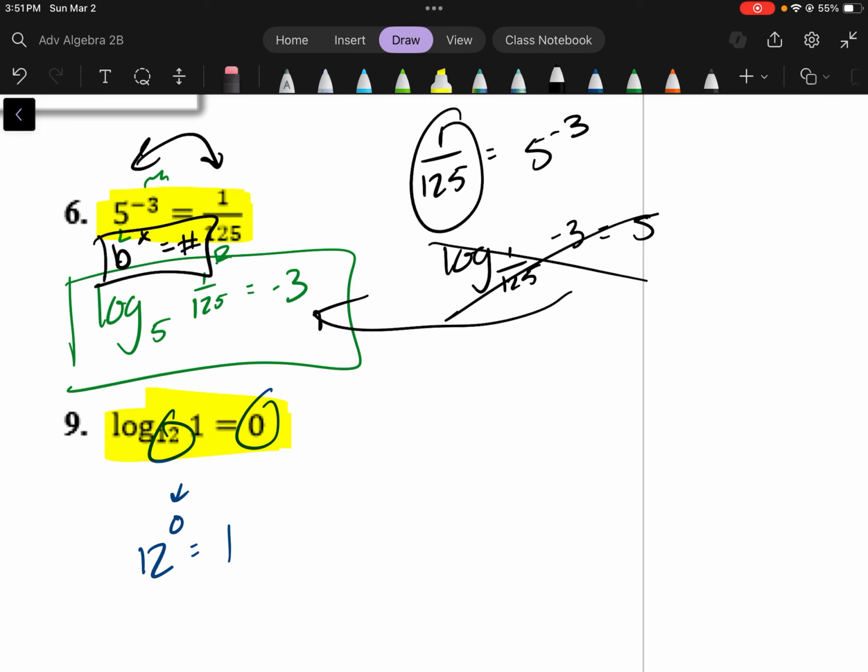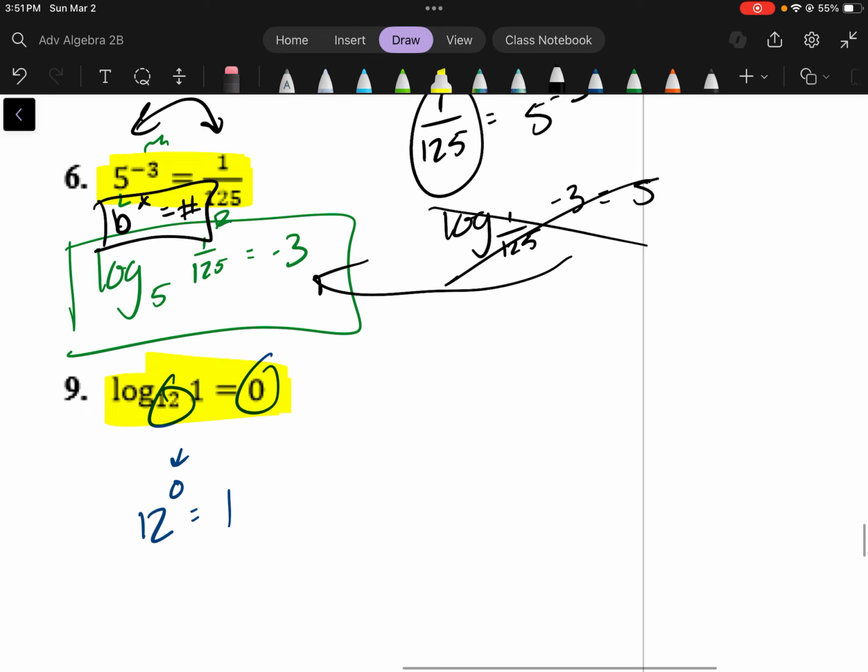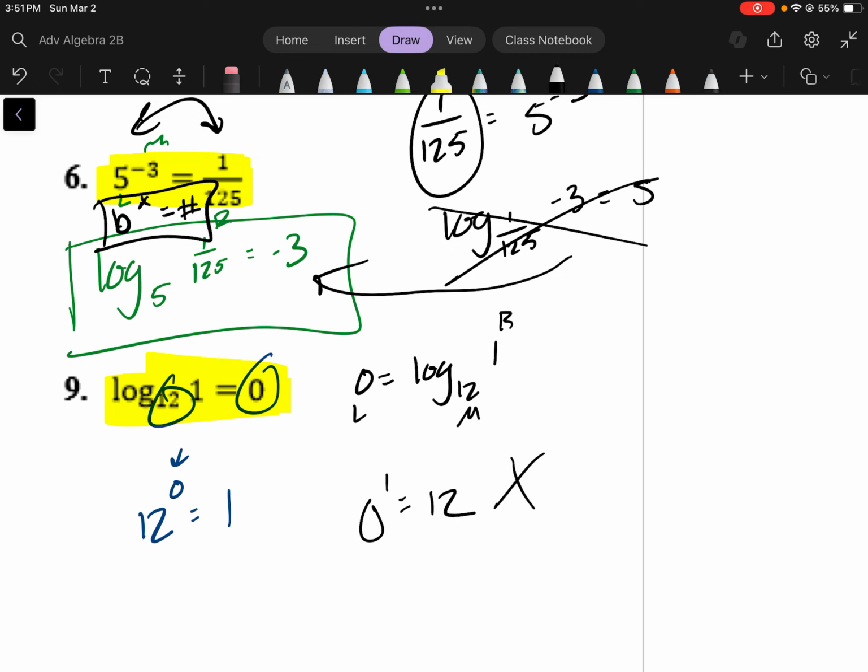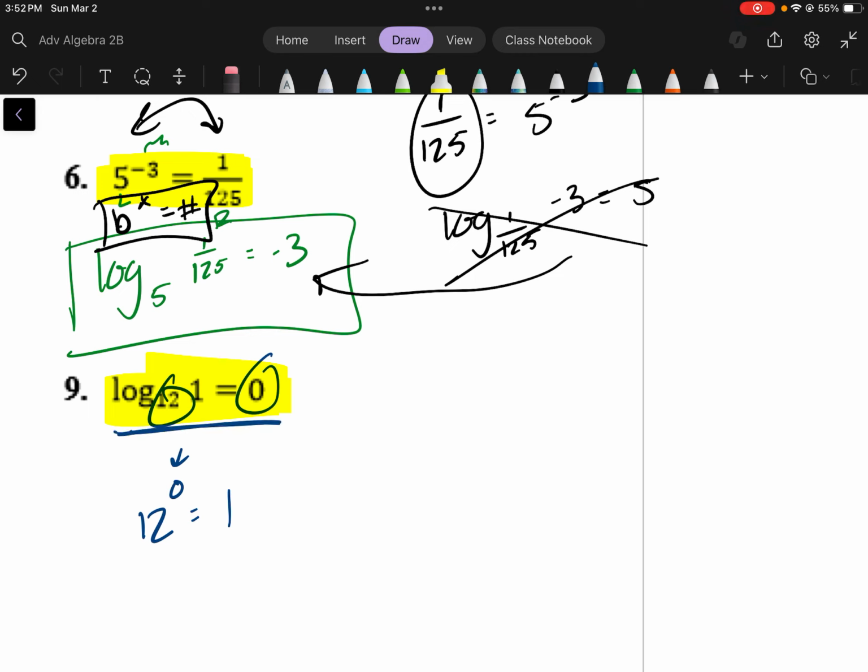The same thing is true for logarithmic. If I rewrite this and I put the 0 in the front, and I do 0 equals log base 12 of 1, well, this is the number on the left, this is the number on the right, and that's in the middle. So that would be 0 raised to the first equals 12, which is not true, and that would be really bad. So the same thing is true for logarithmic. You have to make sure that it's in this format.